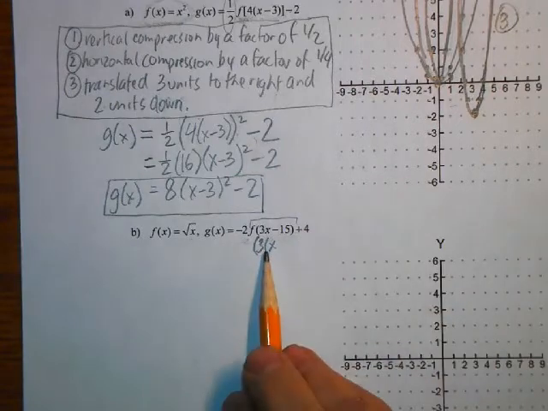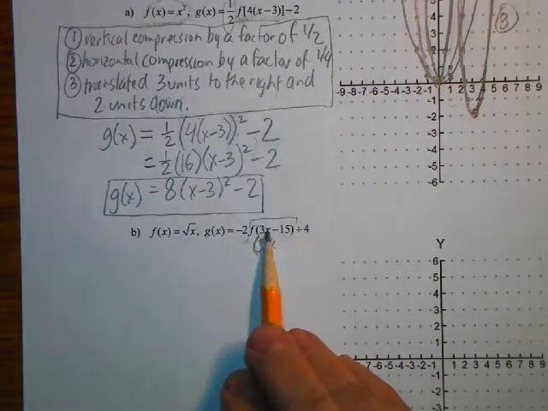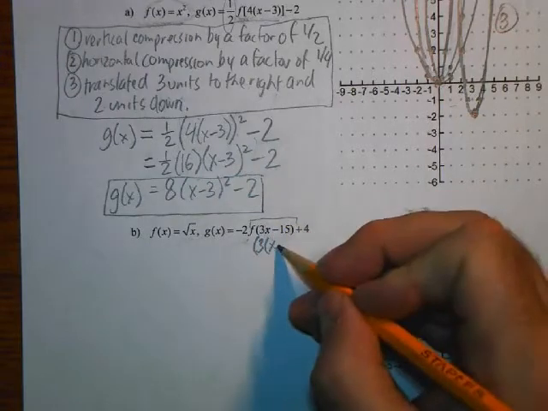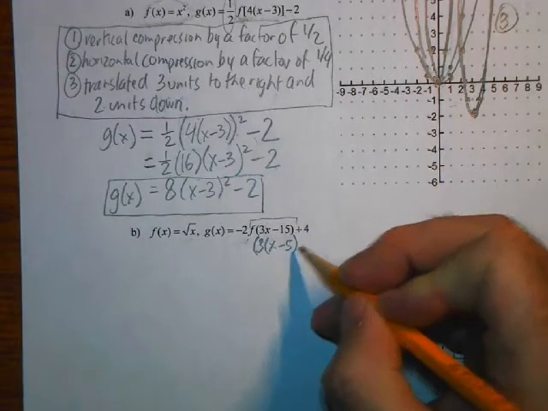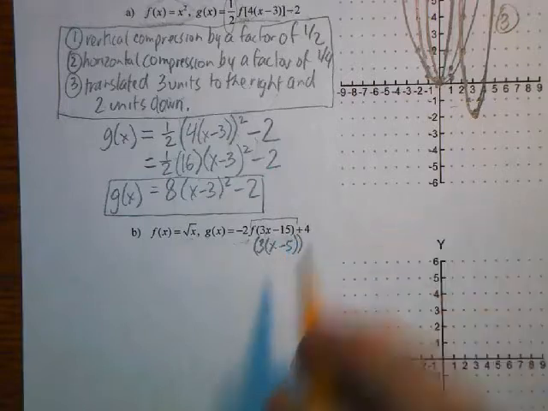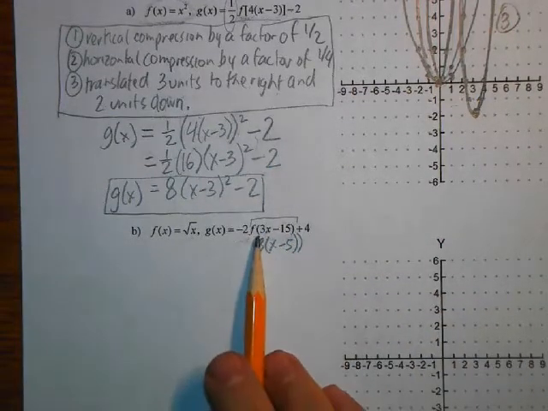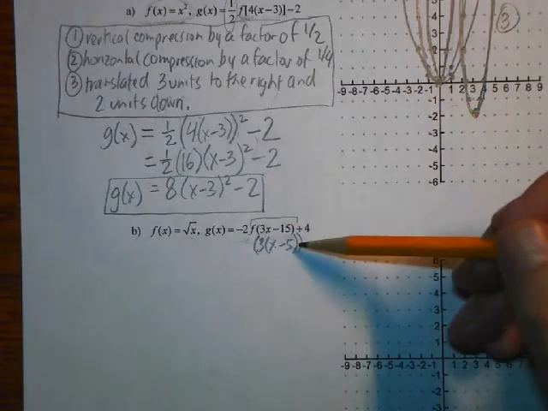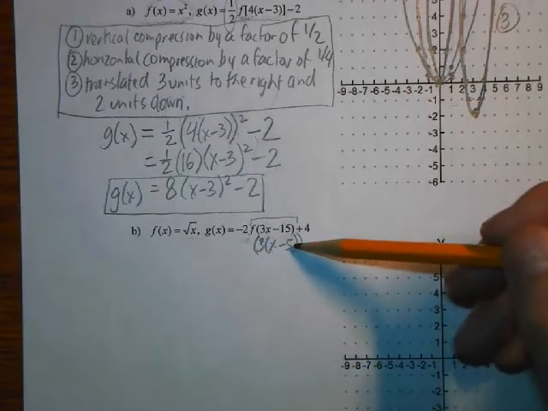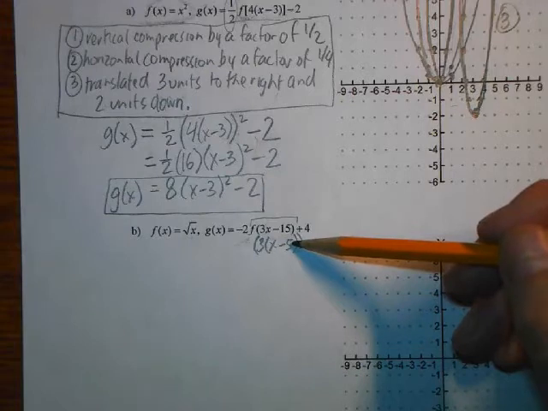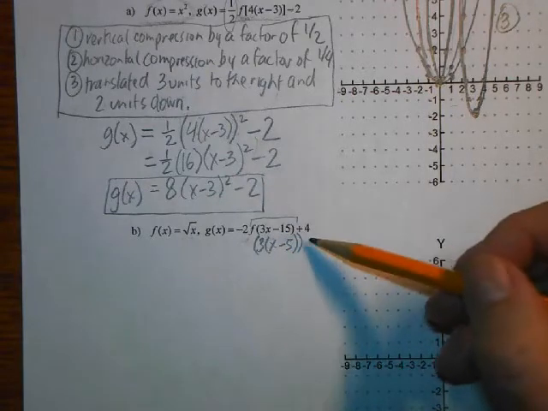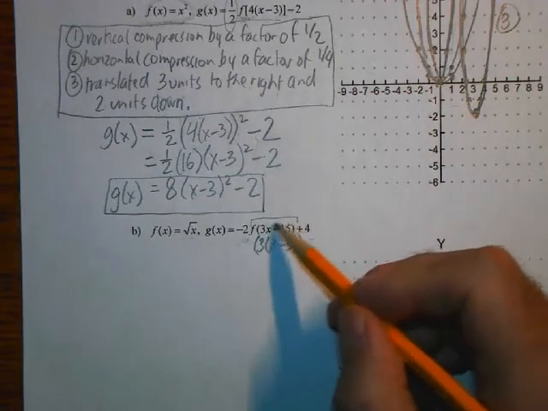We're actually factoring the 3 out of both of these terms. When I factor a 3 out, I get x minus 5, and I've got a second set of brackets now that I've factored out the 3. So you can see now the d value is actually 5, not 15. And this is the correct version of this.